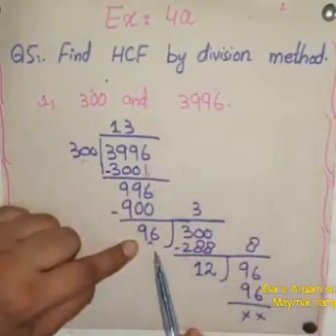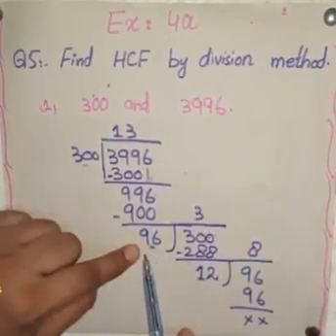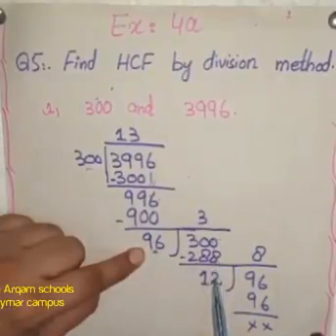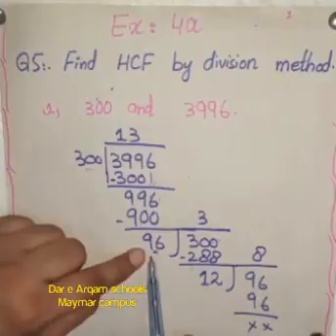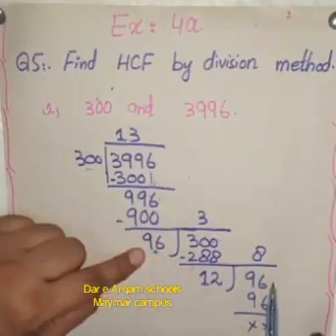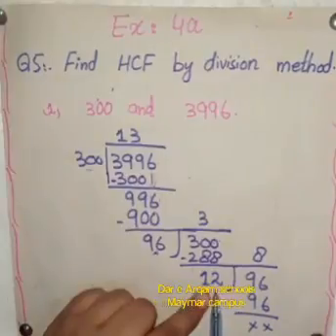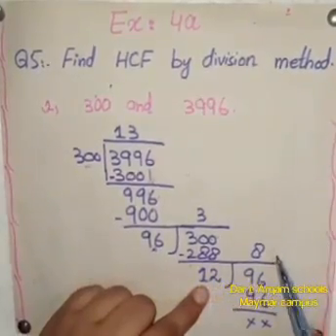Okay. Now you will divide 300 with 96. When you multiply 96 with 3, you get 288. When we subtract these numbers, we get 12. And now again your divisor will convert into dividend, and the remainder will be the divisor. Now when you divide these numbers, you get 8 as your quotient.